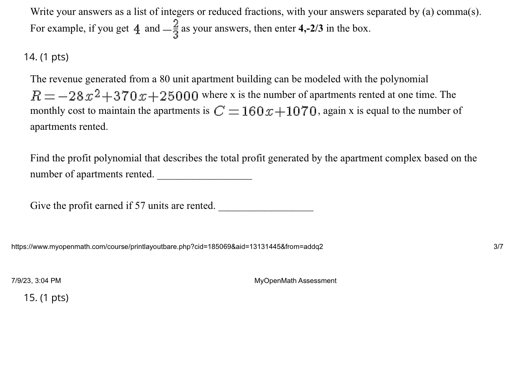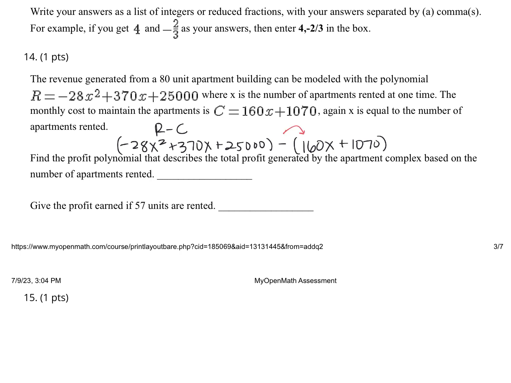So to find the profit, you're going to take the revenue, what you made, and subtract the cost, which is what it cost you to maintain the apartments. So it's going to be revenue minus cost. So the revenue is given by negative 28x squared plus 370x plus 25,000 minus the cost, 160x plus 1,070.